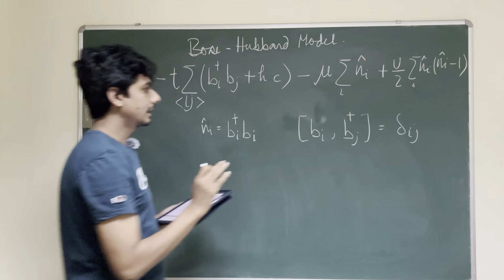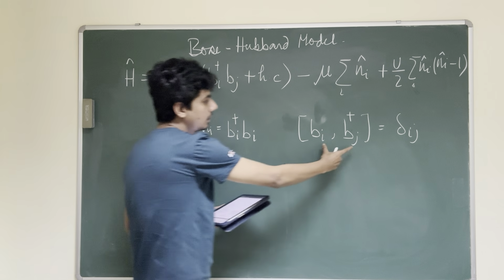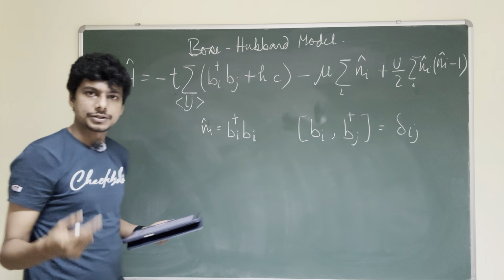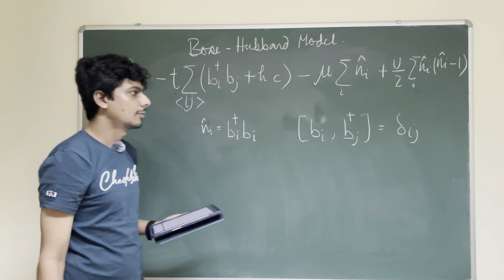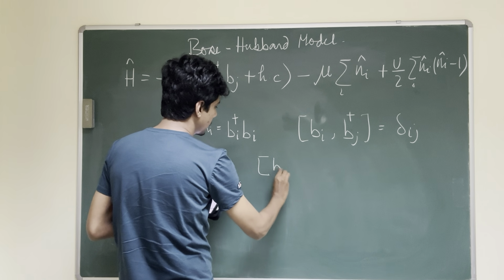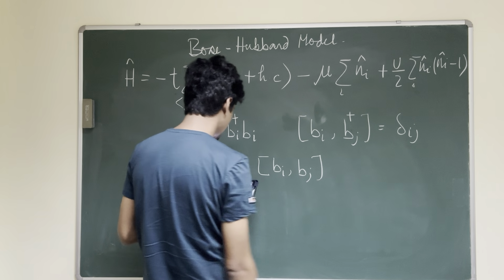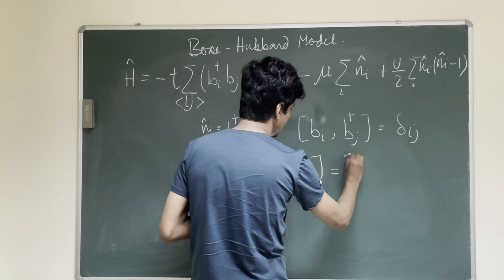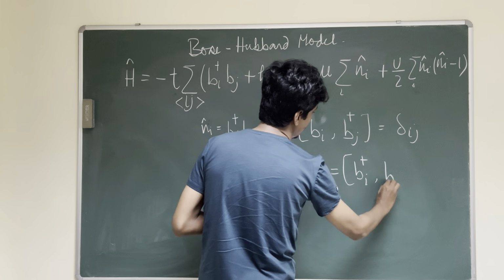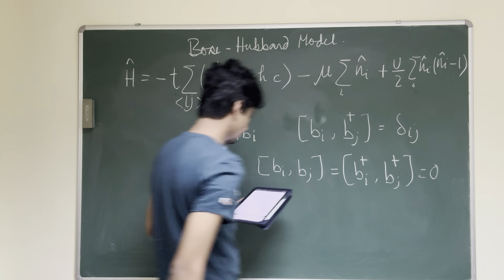If you take the fermions, then this commutation relation no longer holds, and the anti-commutation will take part in this model, and obviously the commutator of bi and bj, and of bi dagger and bj dagger, is basically 0.